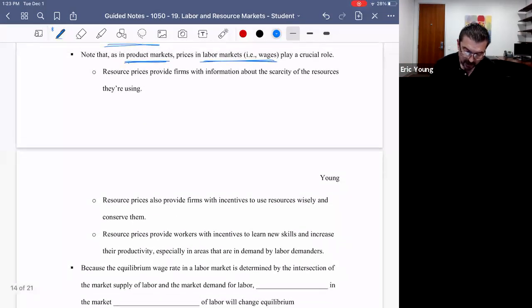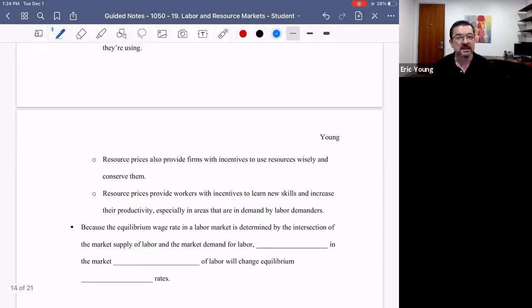Well, number one, these resource prices, they convey to firms information about the scarcity of resources. Obviously, as a resource price goes up, that tells a firm, hey, this resource is more expensive. And the firm then has to make some decisions.